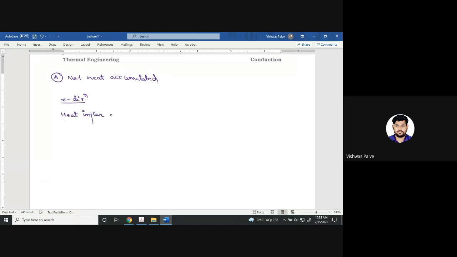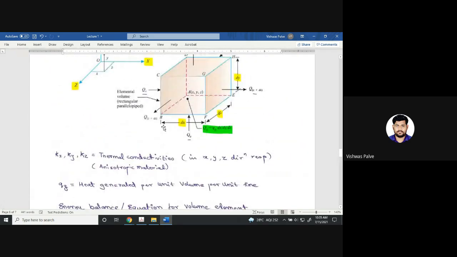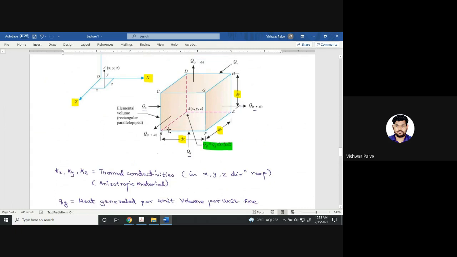So that is denoted by Qx dash, which is equal to minus, we are using the Fourier law of conduction, minus Kx thermal conductivity into what is the area in x direction. If I see the object now here, the surface area in x direction will be dy into dz.